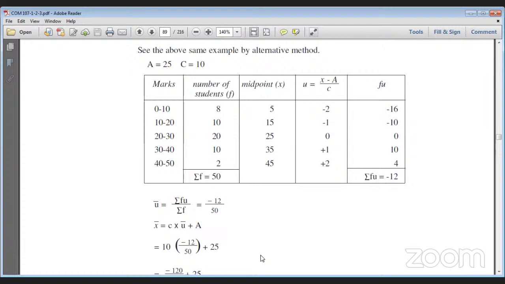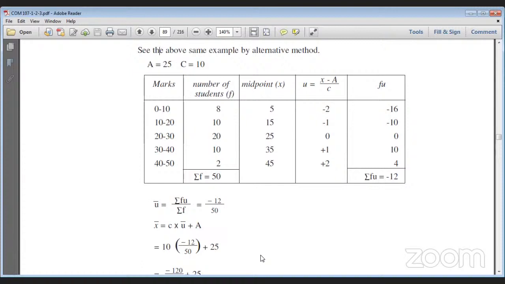is plus 2. So fu here means the multiplication of 8 into minus 2 is equal to minus 16. Then the multiplication of 10 into minus 1 is equal to minus 10. Then 20 into 0, the answer will be 0. 10 into plus 1 is equal to 10, because the plus sign is already there.